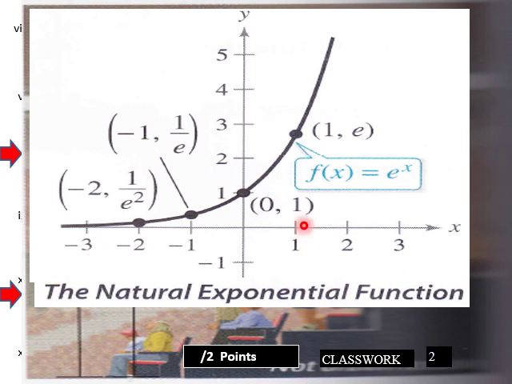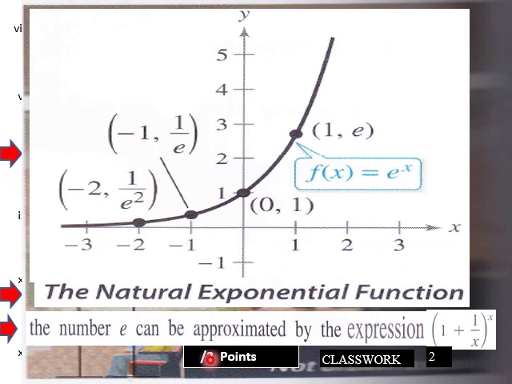The natural exponential function: the number e can be approximated by the expression 1 plus 1 over x, to the x power. That is one way that the number e can be expressed. It's an equal expression.